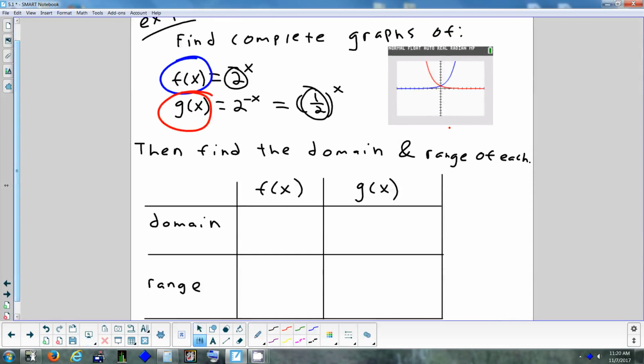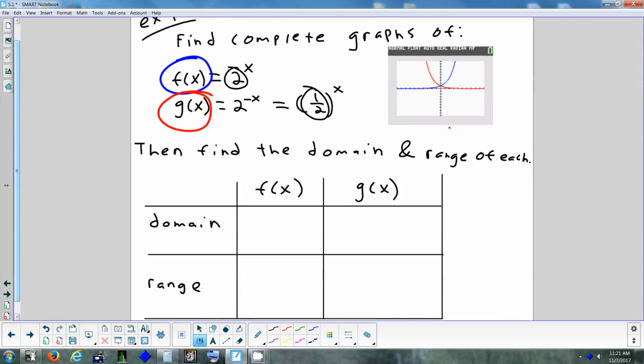Let's start with the domain of f of x, the graph in blue. Looking at the graph or the original equation, anyone think they can tell me what the domain of f of x is? Yeah, negative infinity to infinity. The blue graph is going to go left forever.